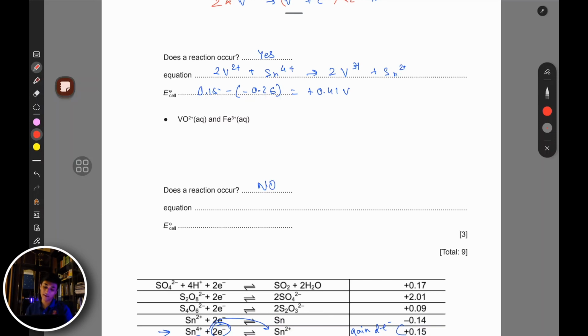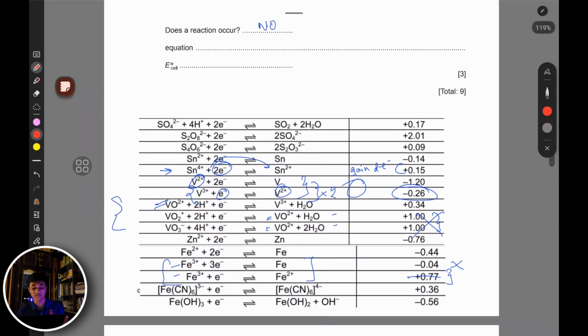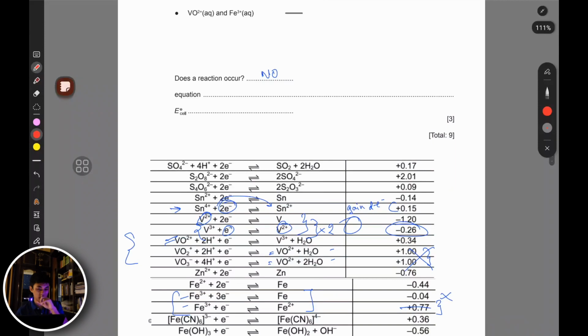Now you have vanadium, VO2 plus, and Fe3 plus. What's going to happen over here is you have a lot of equations relating to that. So let's look at equations relating to VO2 plus and Fe3 plus.